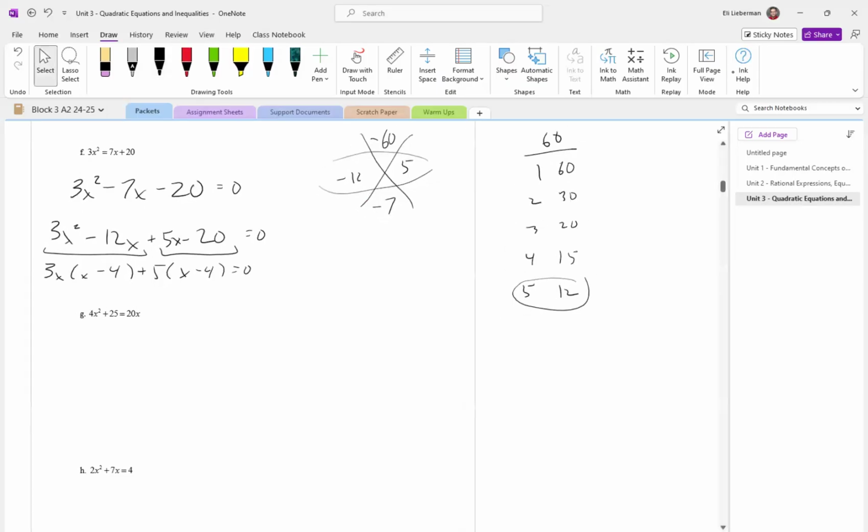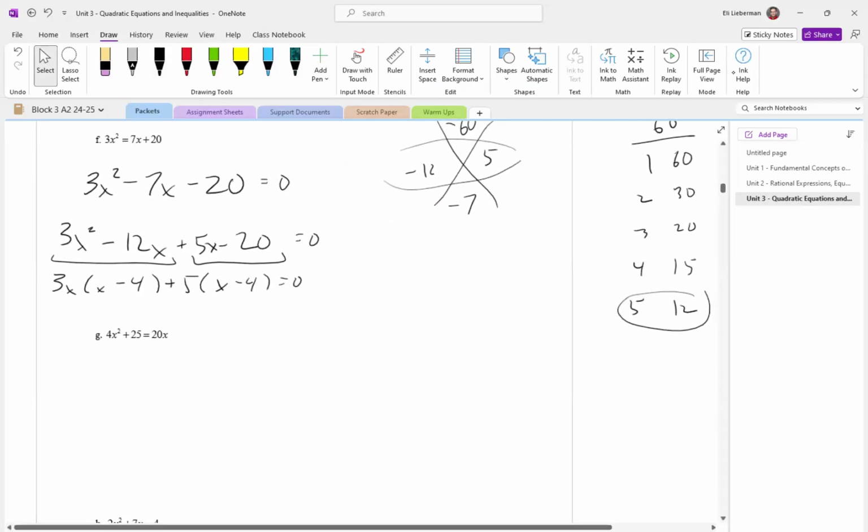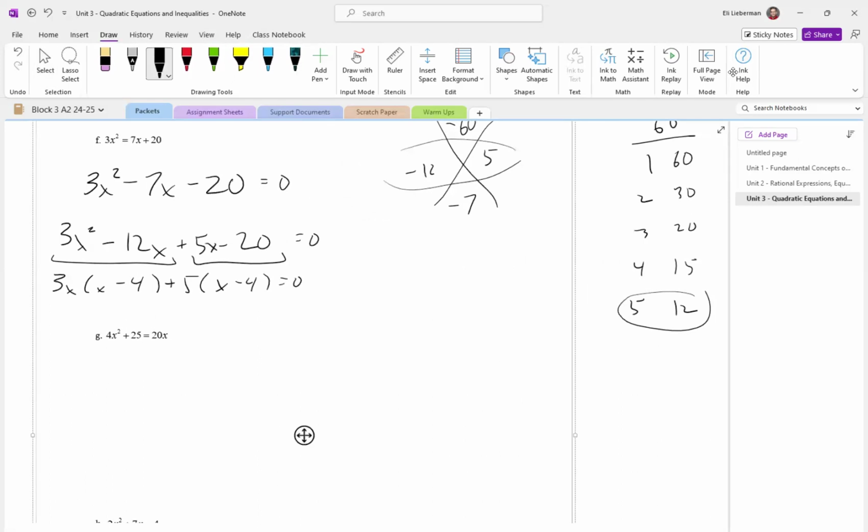Joseph, can you help me finish this problem, please? That F? So then you have 3x plus 5. Well, you could also root the x minus 4. Then 3x plus 5 equals 0, and 4x minus 4 equals 0.